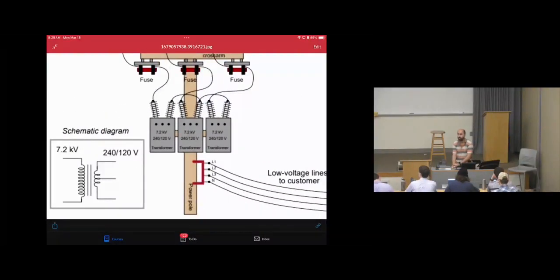Each transformer is for each phase, from 7.2 kilovolts to 240 or 120, which will go to your home. So what's connected to your home is one of these transformers. Let's assume the transformer on the left is A, the middle is B, and the right is C. You are connected to transformer A, your neighbor to B, your other neighbor to C.